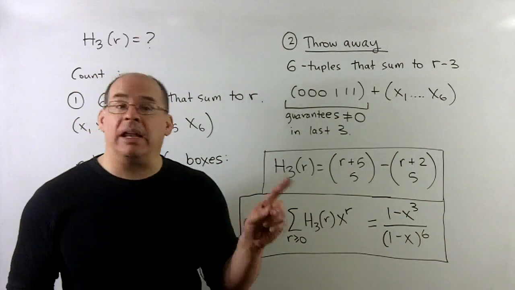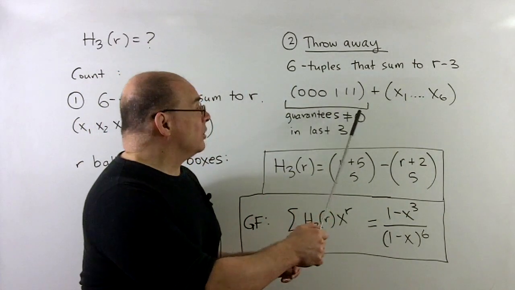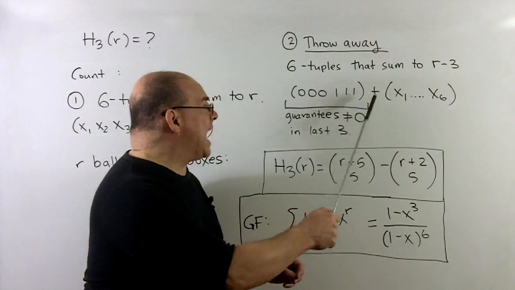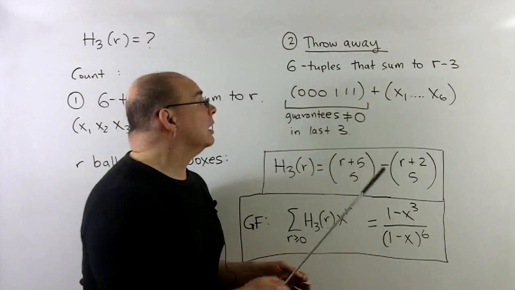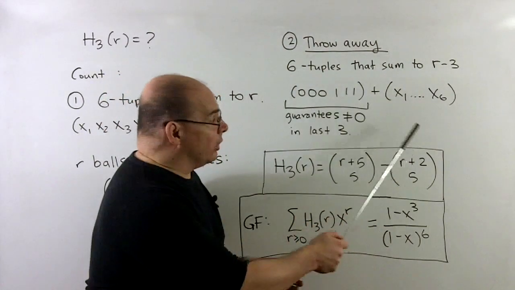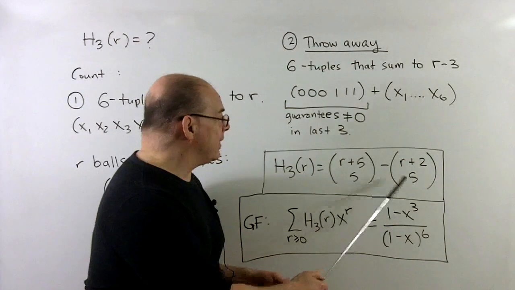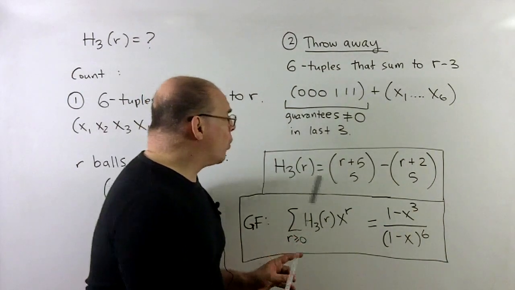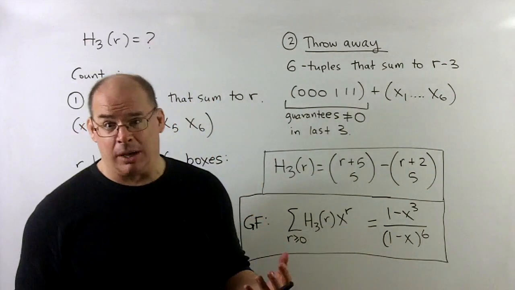I'm going to take the remaining 3 and put them in the last 3 entries. So this is going to guarantee that I can't get a 0 there, and so that's going to be discarded. That'll give us, again doing the multiset counting, R plus 2 choose 5. And then that's our formula for counting 3 by 3 semi-magic squares with line sum equal to R.